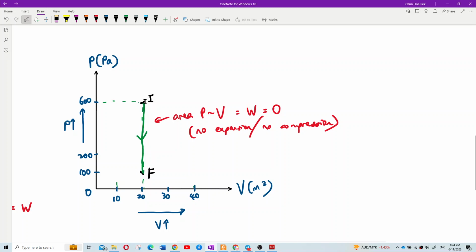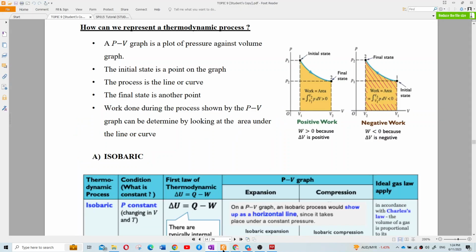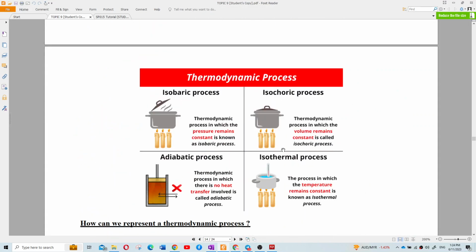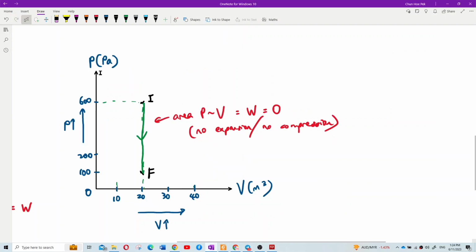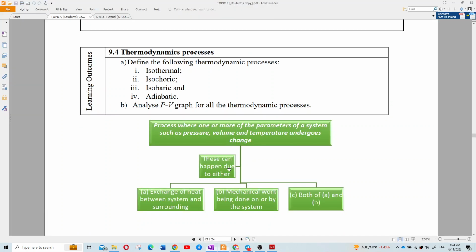Okay, class. Right now I only introduced you to pressure and volume, right? If you look at the notes, the parameters of a thermodynamic process are pressure and volume. But there is another parameter, temperature.